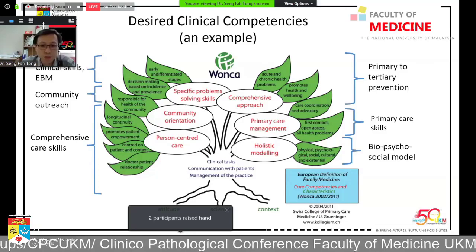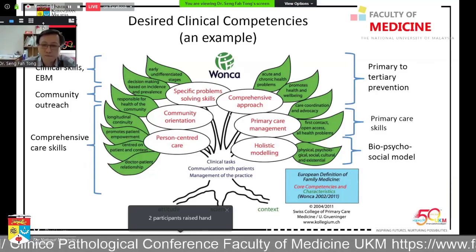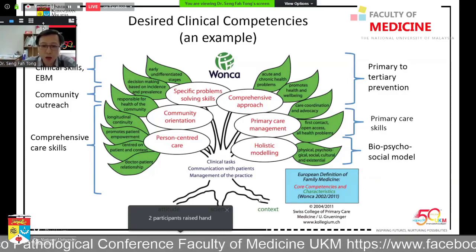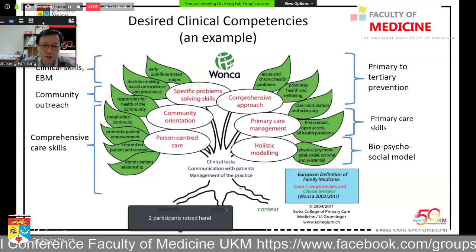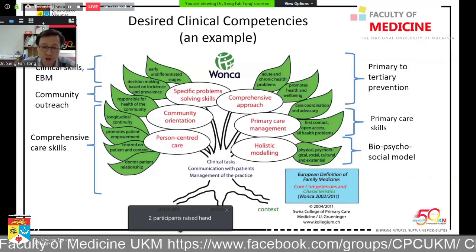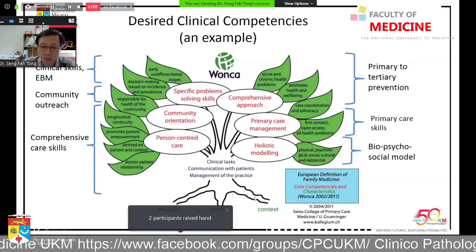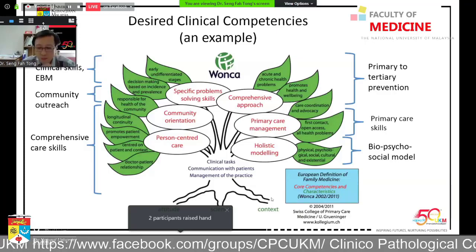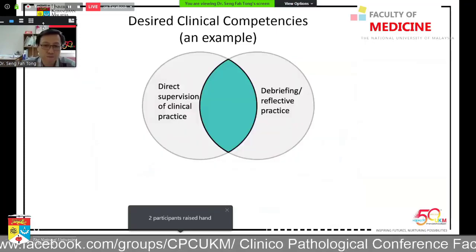On top, you can see the clinical competencies in different areas. But of course, there are generic skills like attitude: what attitude we should show as a family physician, how we use scientific knowledge, and how we can practice in a context-specific area. This is what we need to go back to before we start competent clinical supervision.